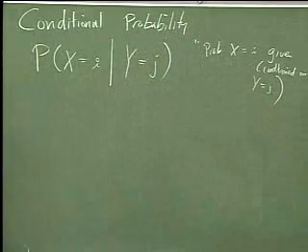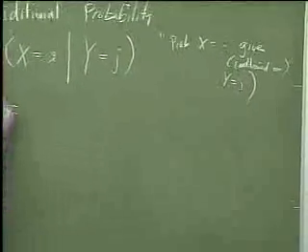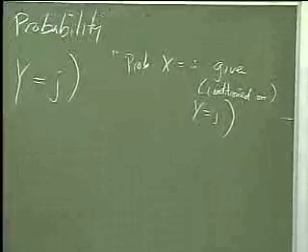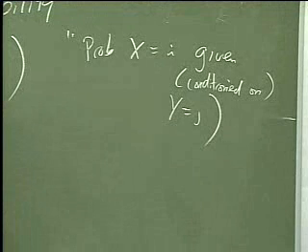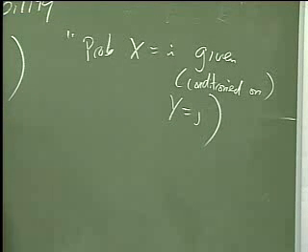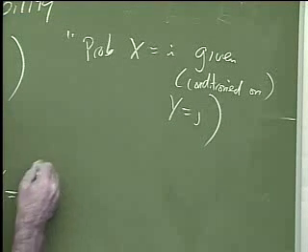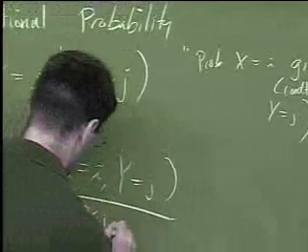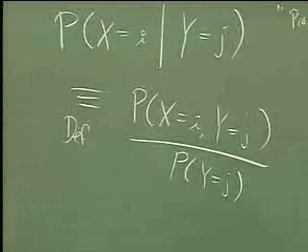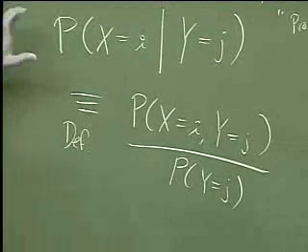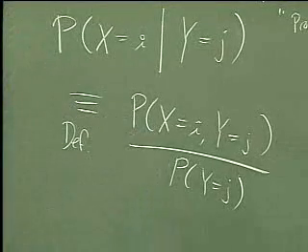This is defined this way: it's the probability that x equals i and y equals j, divided by the probability that y equals j. Someone says conditional probability, it means this, without any intuition.